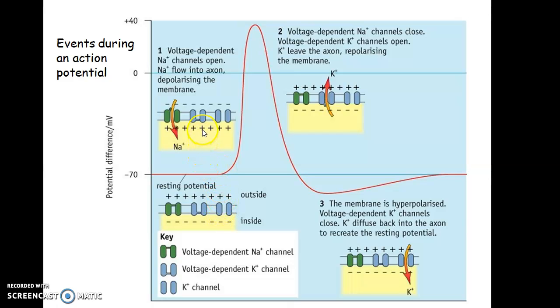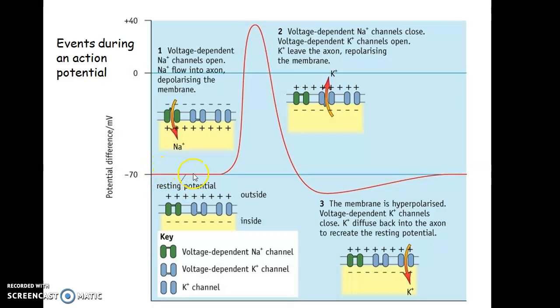When the neuron gets a stimulus, that leads to the opening of the voltage gated sodium channels, leading to the inflow of sodium ions inside the axon, that makes the inside positive as compared to the outside. At this stage, the neuron is said to be depolarized.